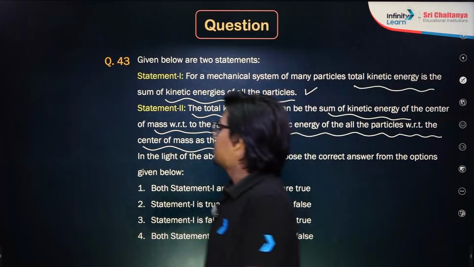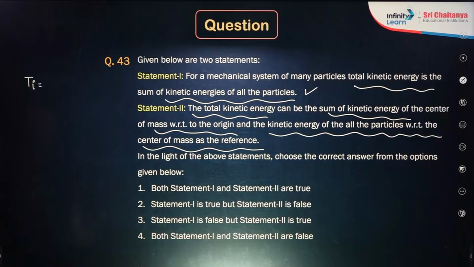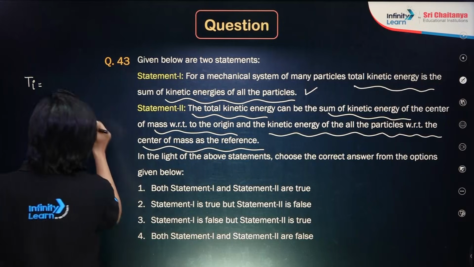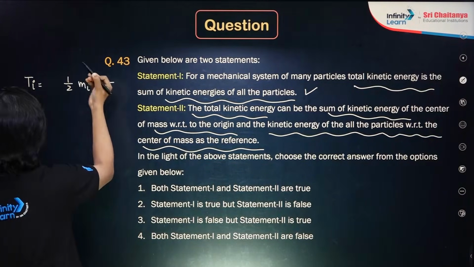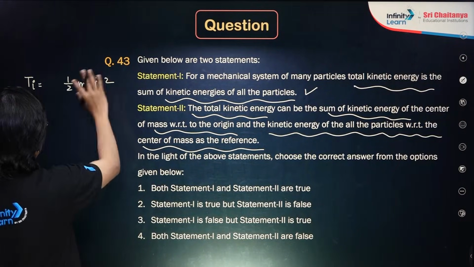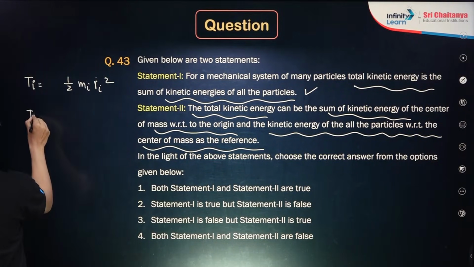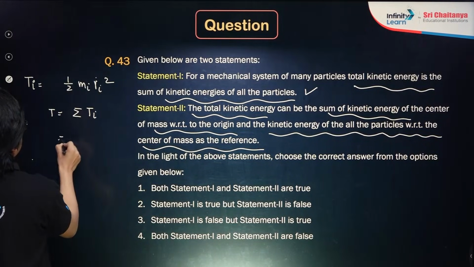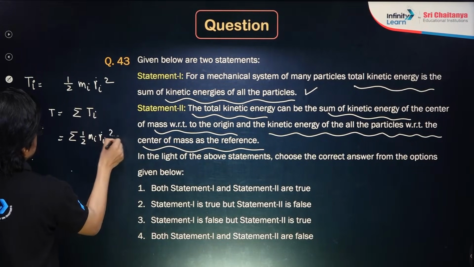How can we prove that? Suppose there is the ith particle, which has mass mi. Its kinetic energy can be written as 1 by 2 into mi into ri dot square.